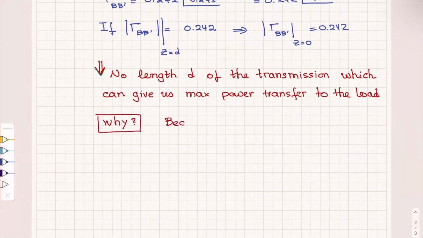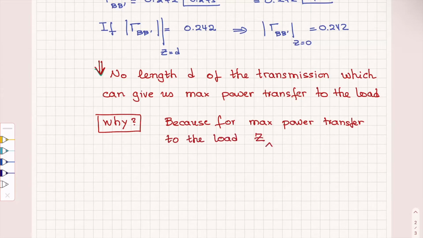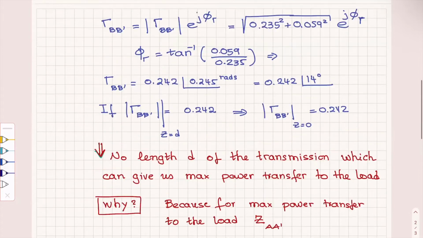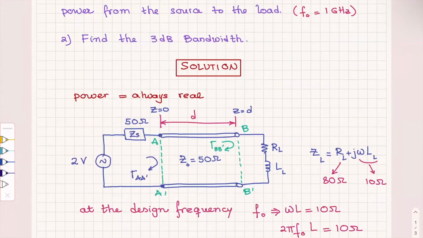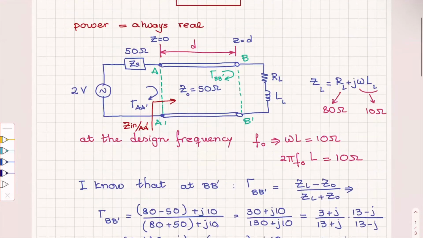Because for maximum power transfer to the load, Z at input at AA prime, which is this one, the input impedance at that point.